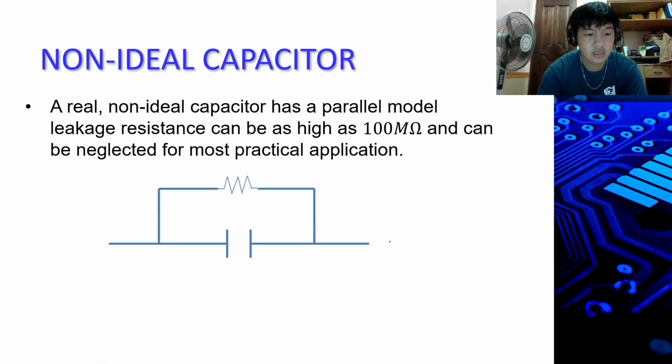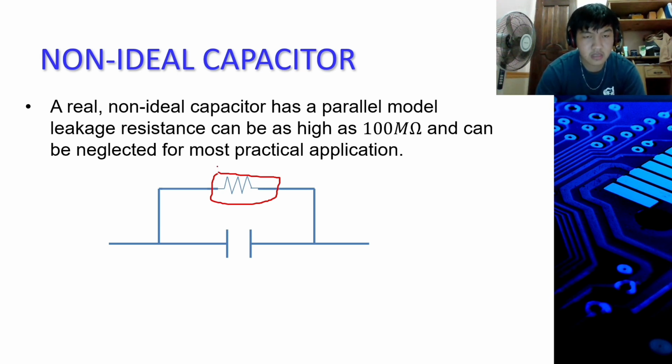So, a real non-ideal capacitor has a parallel model leakage resistor, which can be as high as 100 megaohms, and can be neglected for most practical applications. So, here we note the leakage resistor.